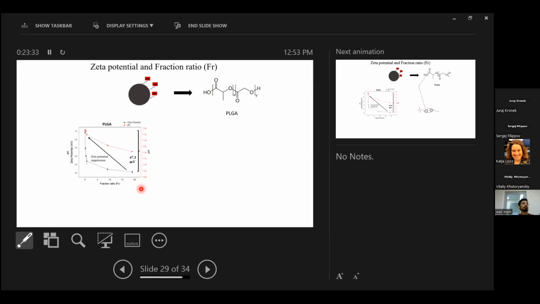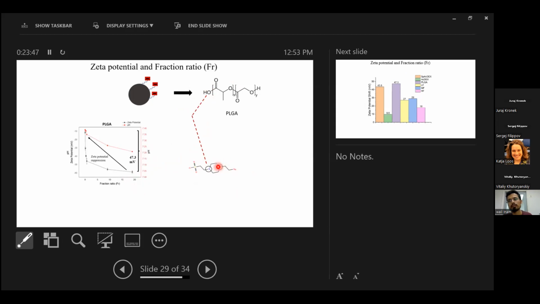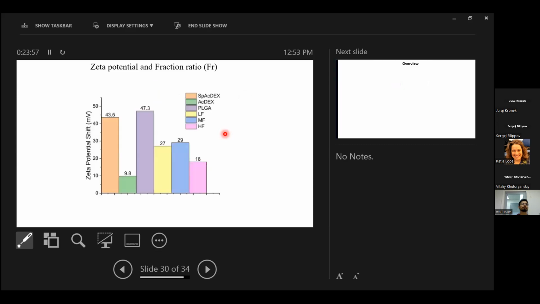This cannot be explained only by the slight buffer concentration change, but suggests that the piperazine rings, which are associated with the HEPES molecule, are interacting with and capping the negative charge of the PLGA polymer or these particles.